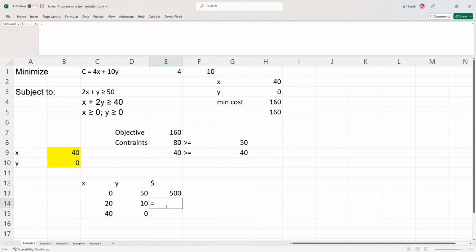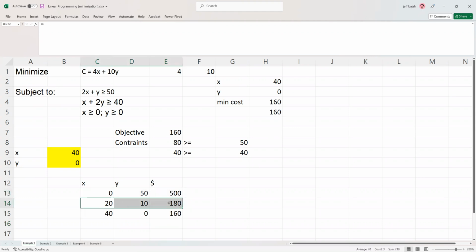Well, let's try the other one. All right. Another one, we have 4 multiplied by 20 plus this multiplied by 10, 180. And then the third one, we don't have to do it, right? Because we already have that here, it's 160. You can see, right, in all three of them, this combination is going to cost us $500.